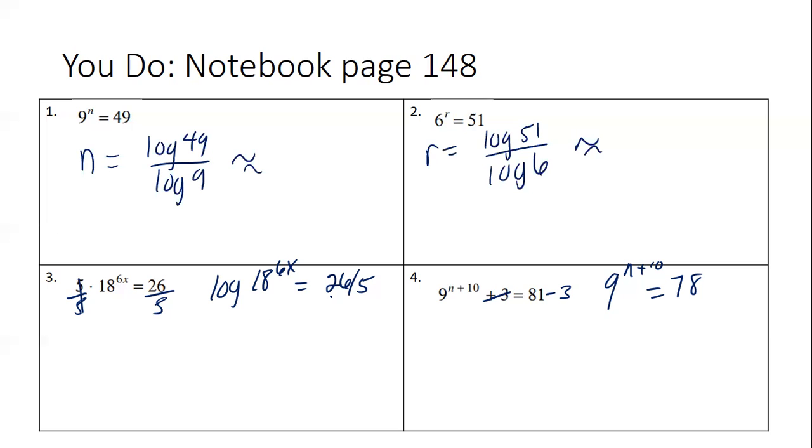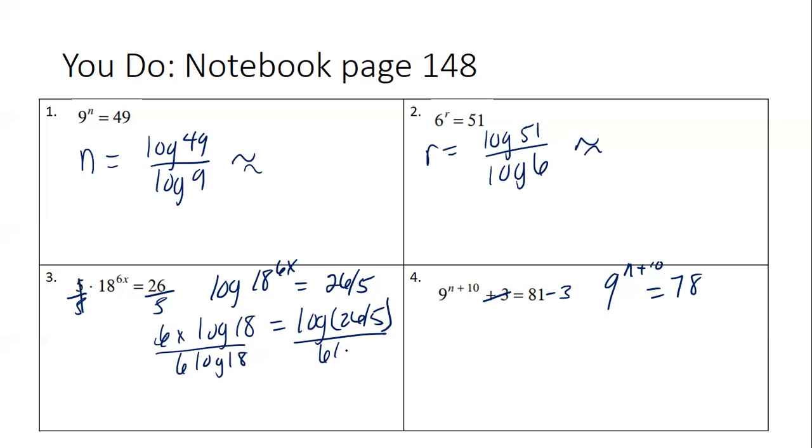So now you're left with 6x log 18 equals log of 26/5, and you want to leave it as a fraction. Then you divide by 6 log 18 on both sides, and that's what you're putting in. Then you get x is approximately something.